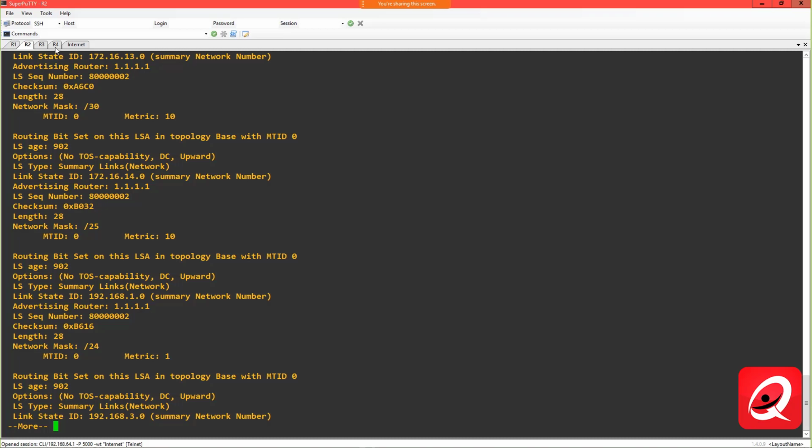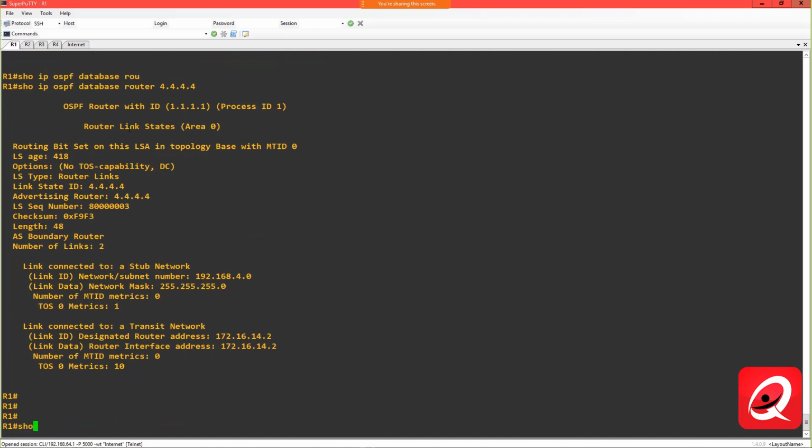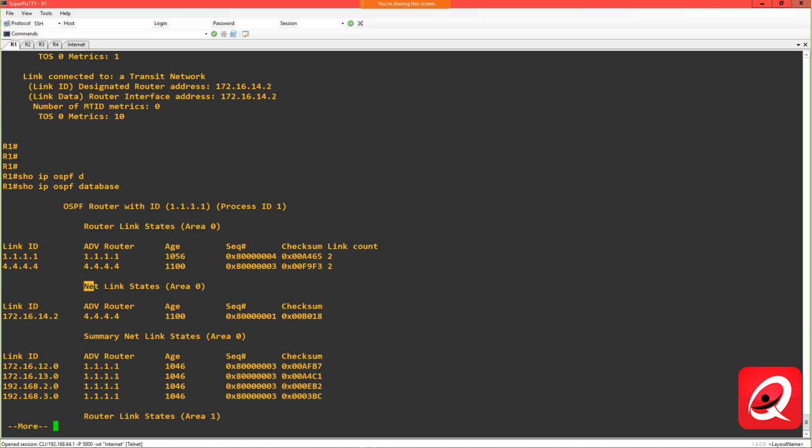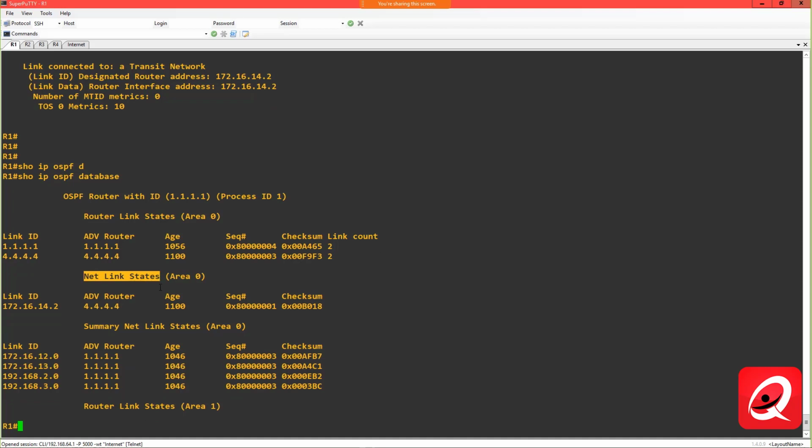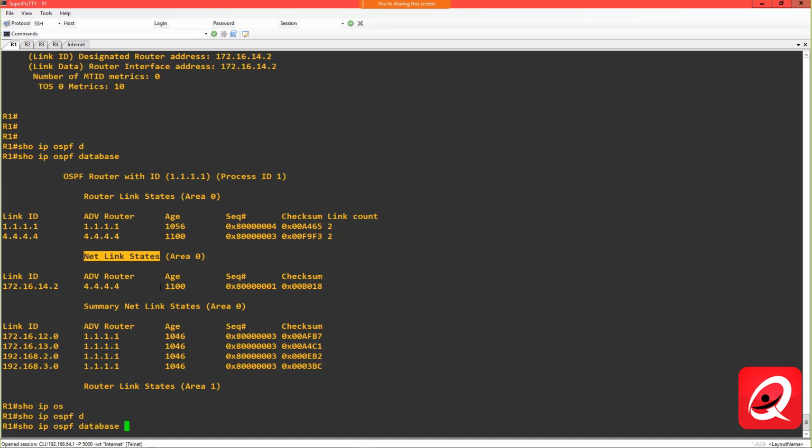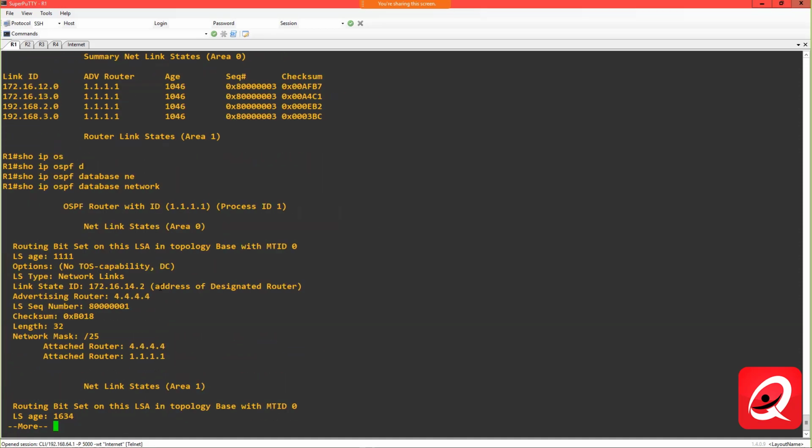So if I was to go into router number 1 and I do a show IP OSPF database, you can see the net link states, what we call network LSAs. I guess I should have typed it out as net link state, but if I do a show IP OSPF database net, I will see the details.